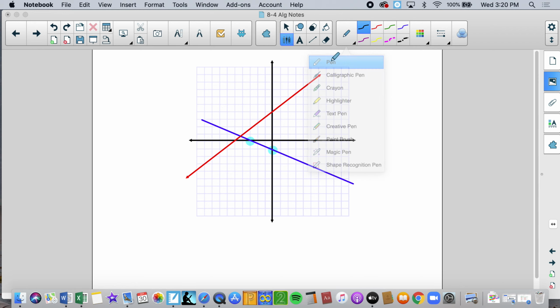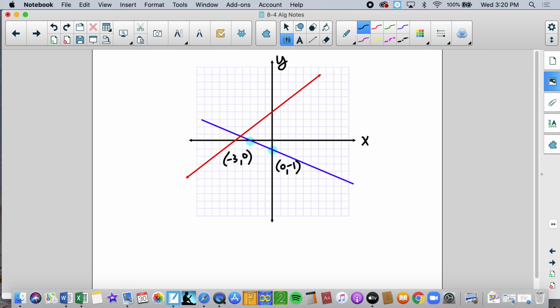So if we looked at those coordinates, the y-intercept, where it crosses the y-axis, is going to be (0, -1). The x-intercept for the blue line is going to be (-3, 0). So remember what I said, all x-intercepts will have 0 for y, and all y-intercepts will have 0 for x.